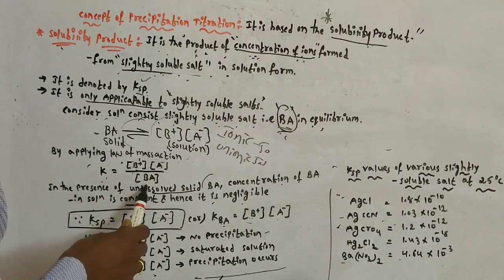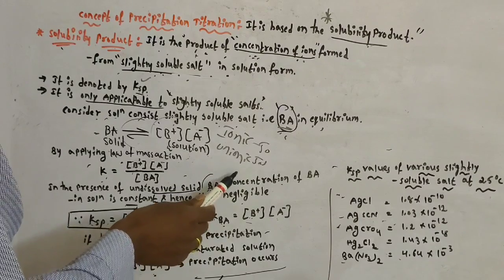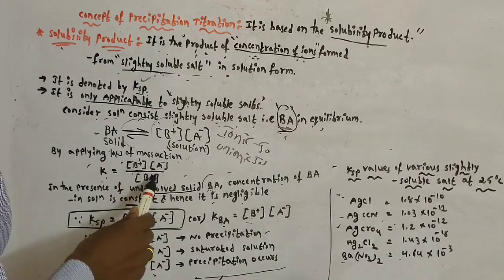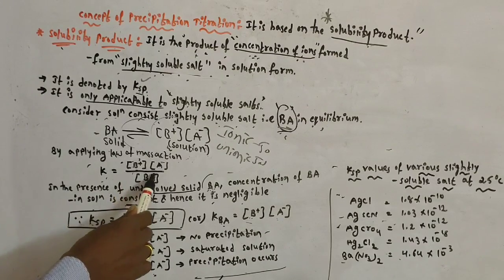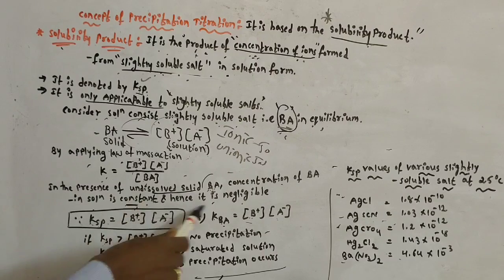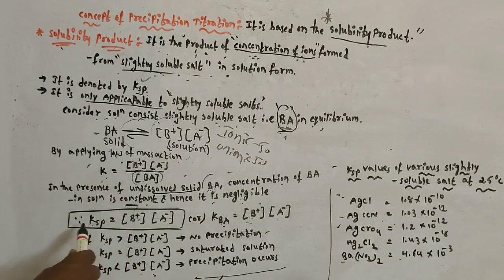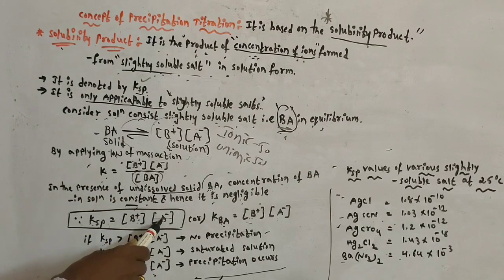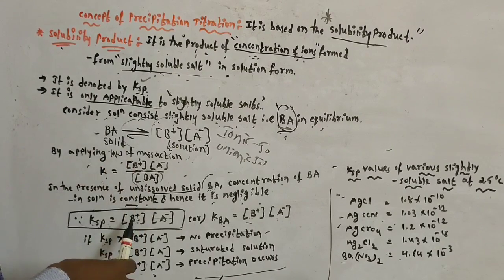In the presence of undissolved solid BA, the concentration of BA in solution is constant, hence it is not considered. So we write Ksp equals the concentration of B plus times the concentration of A minus. Here Ksp means the solubility product, which is the concentration of B plus and the concentration of A minus.